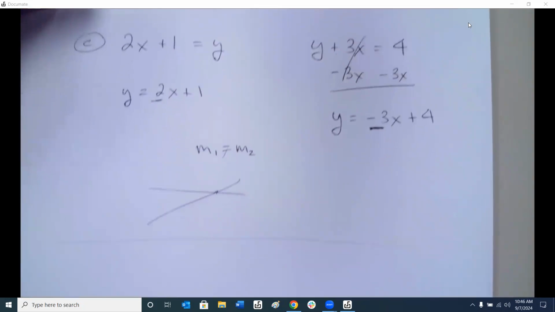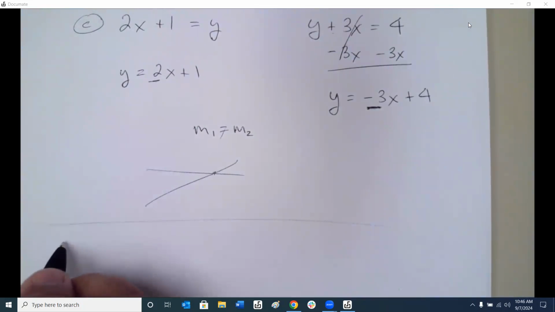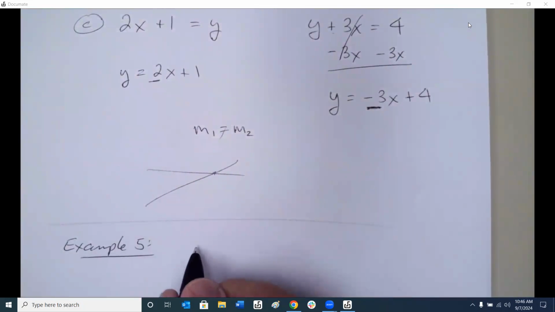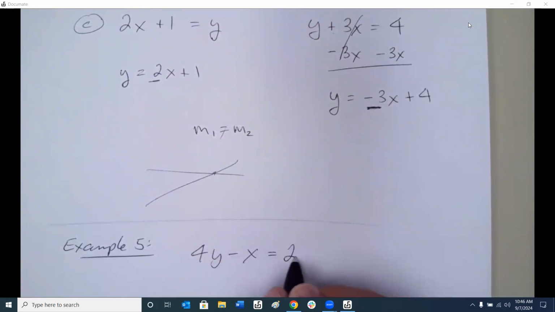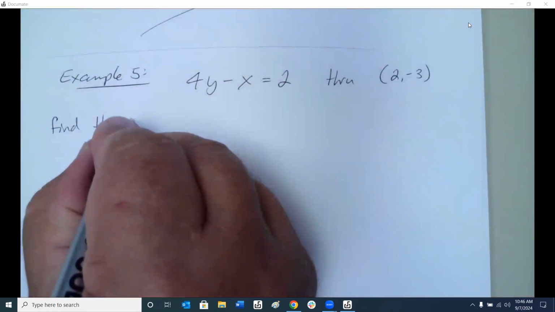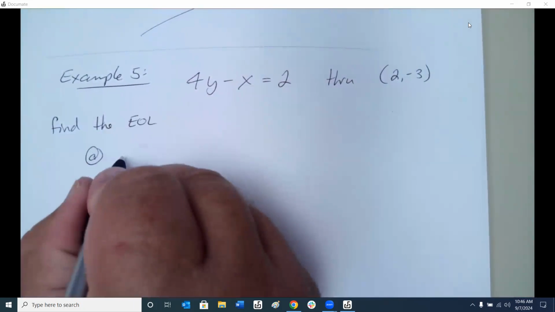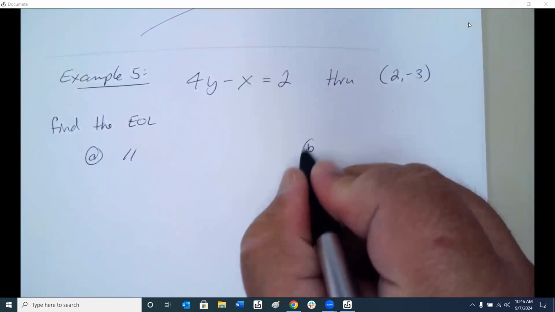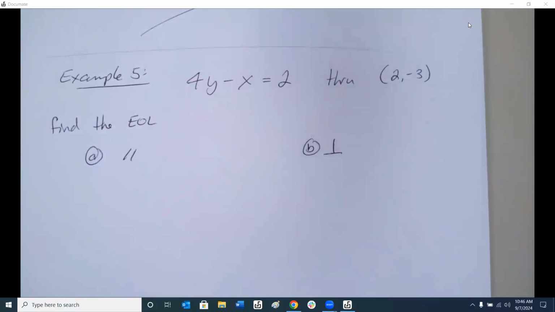Any questions about those? All right, the last one. Now, I want to find an equation here, given this equation, going through the point, find the equation of the line parallel and perpendicular to that one.